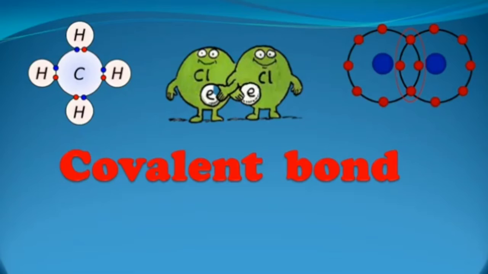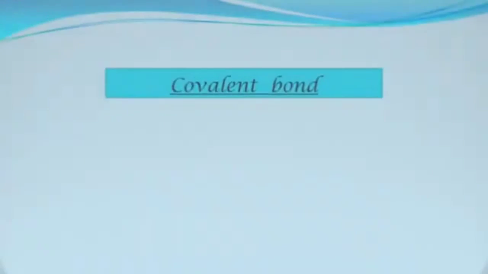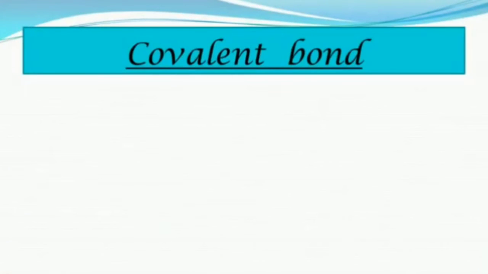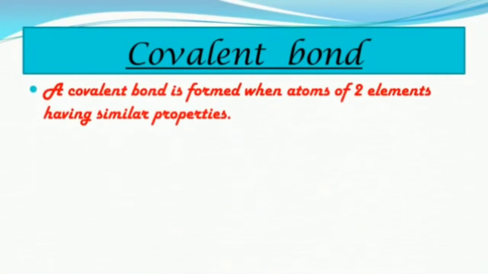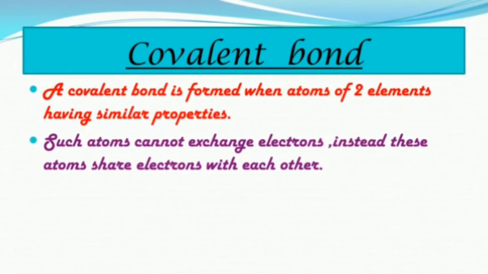So the next bond we will study is the covalent bond. Now let us see what it is. Generally, a covalent bond is formed when the atoms of two elements have similar properties.